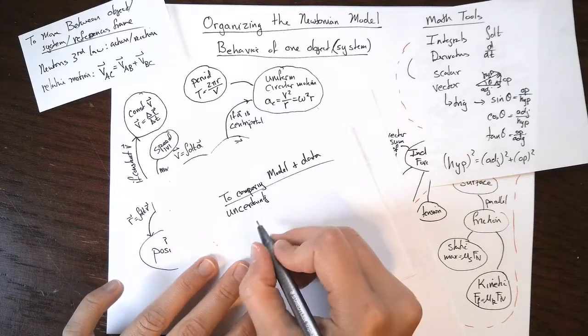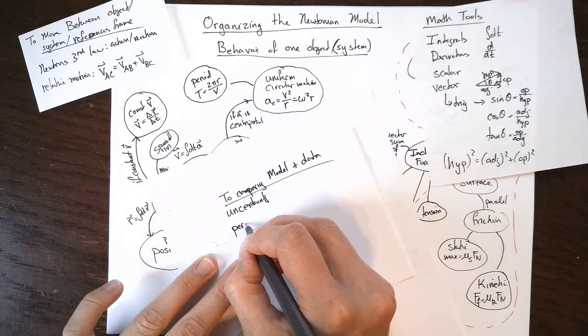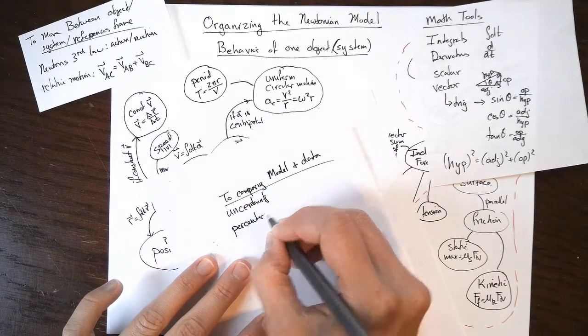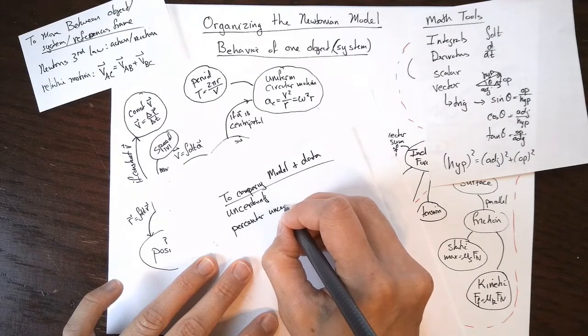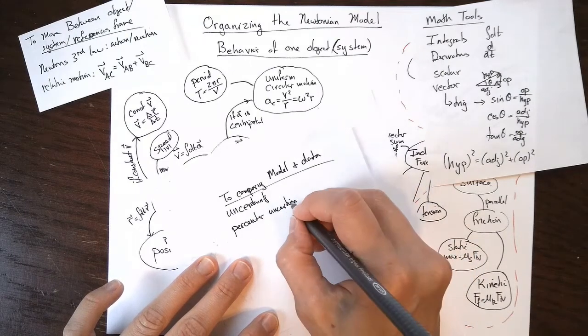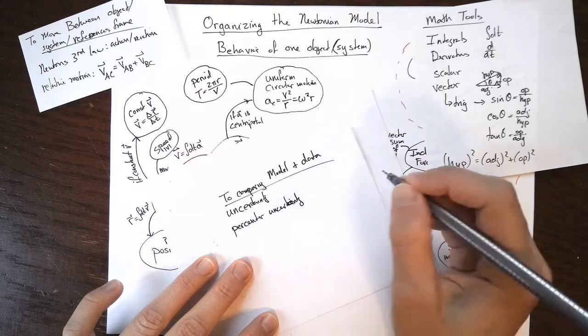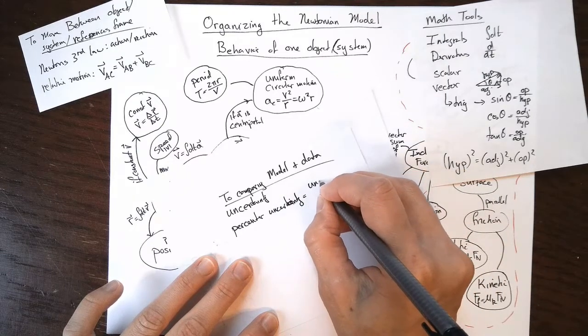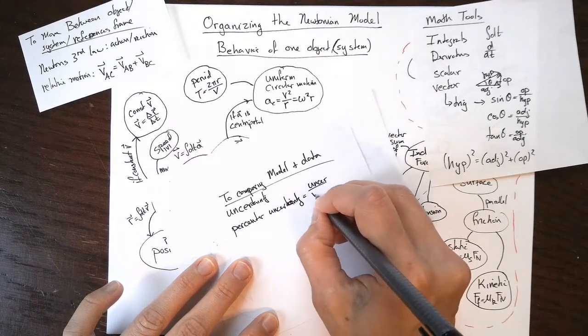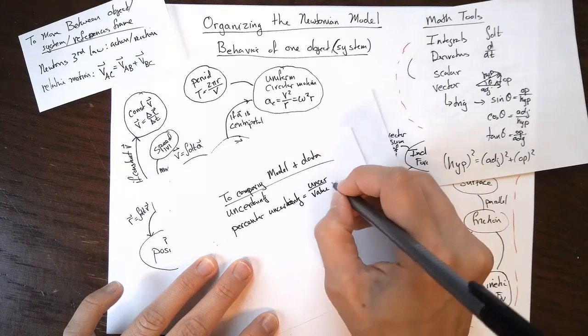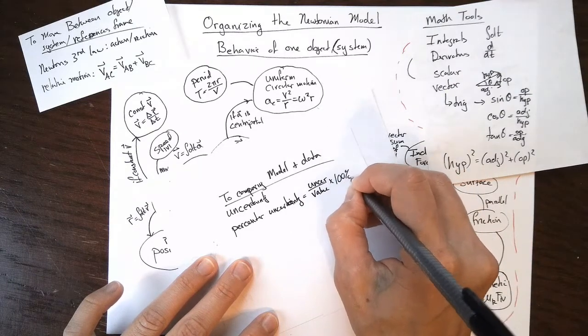So you have uncertainty, and you can have percent uncertainty, if you want to compare different types of uncertainty. That is the uncertainty for a particular thing over the value it's associated with, times 100%.